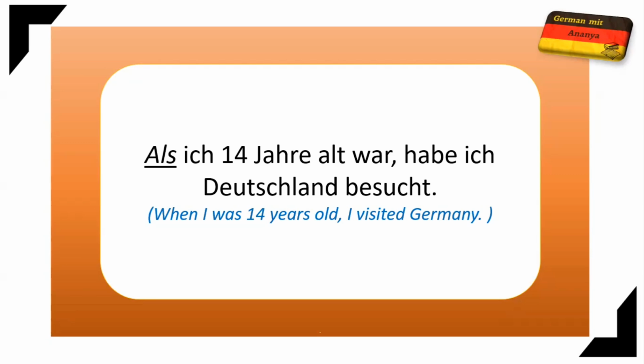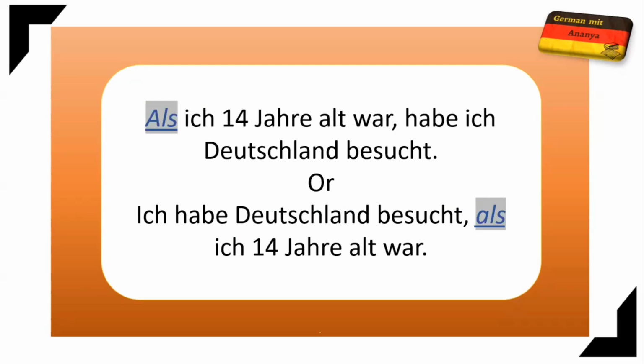And yes, it is again a Nebensatz. You can see war at the end, and again, if the first sentence is Nebensatz, then definitely the second sentence will also be affected. So you can also write, ich habe Deutschland besucht, als ich 14 Jahre alt war.